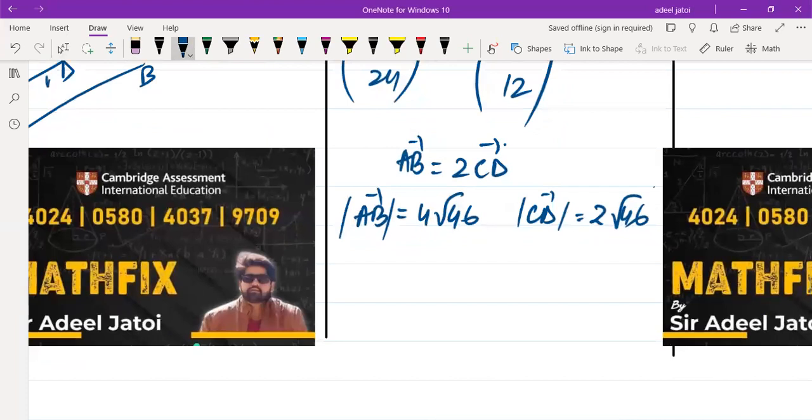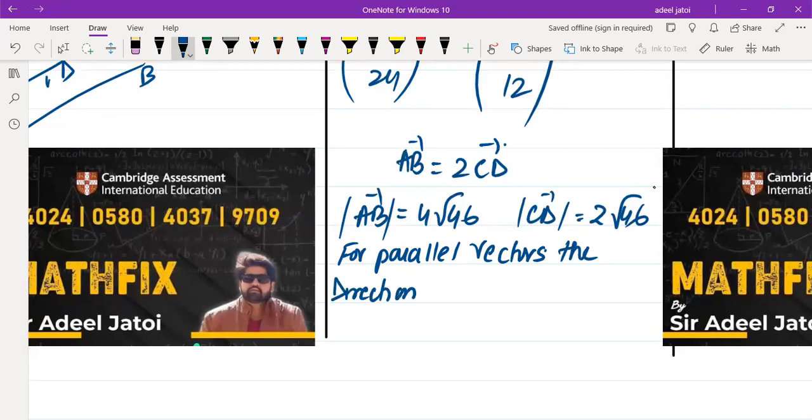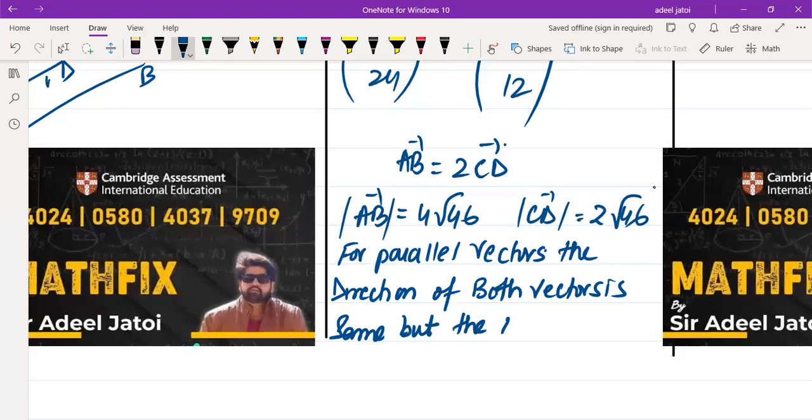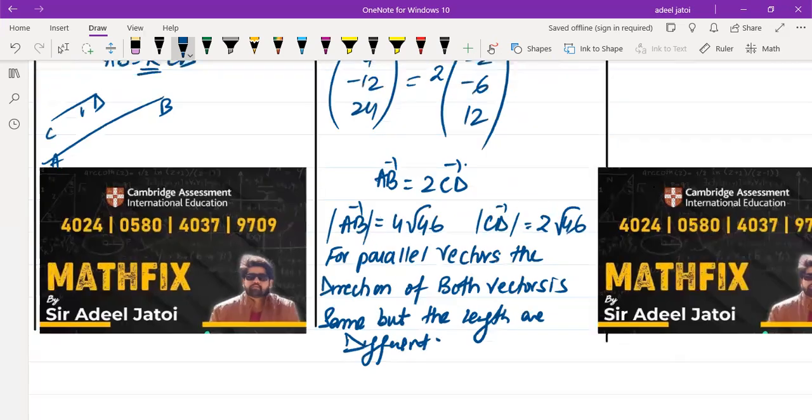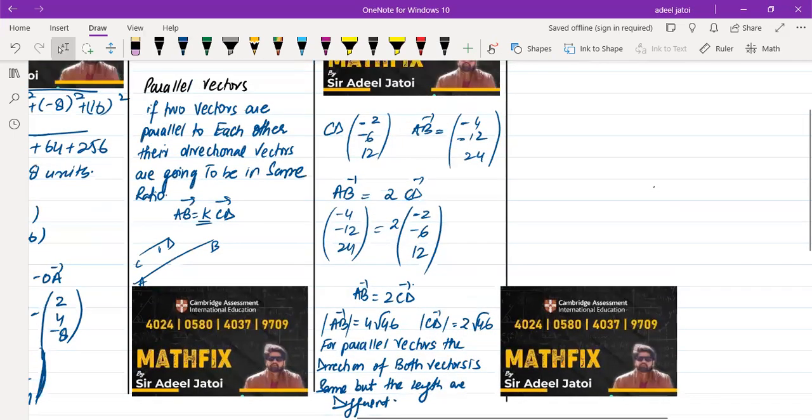So that means that for parallel vectors, the direction of both vectors is the same, but the lengths are different. The lengths are different.